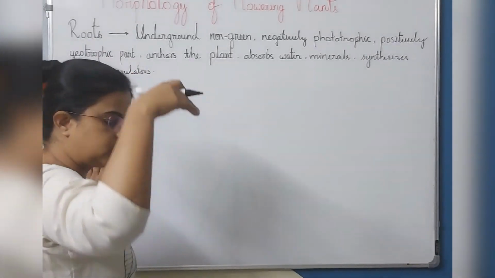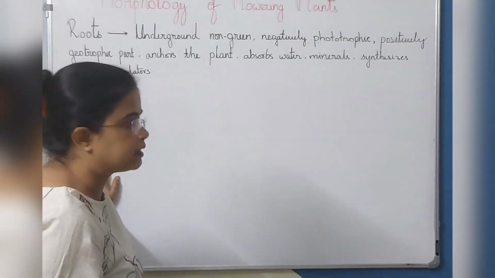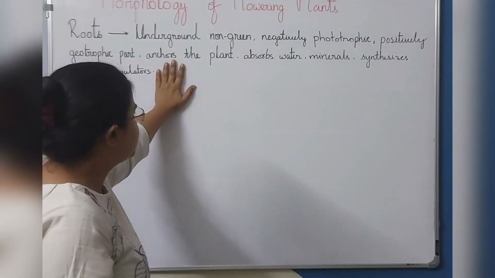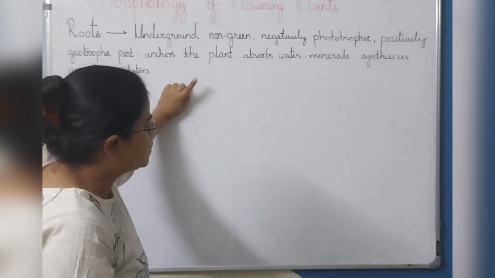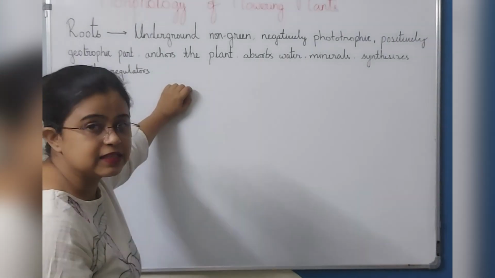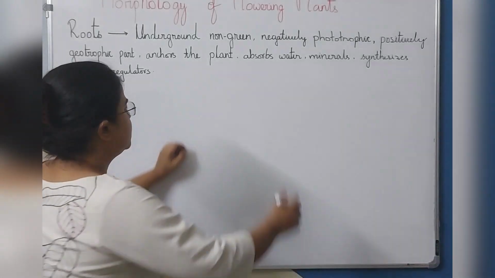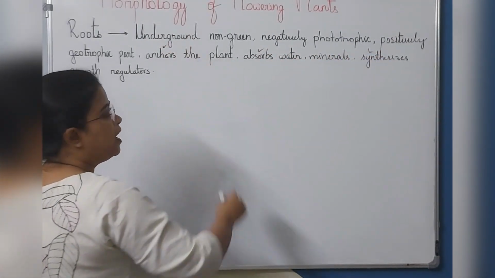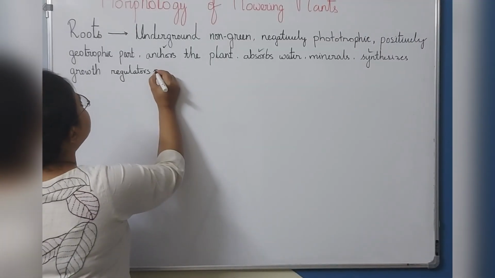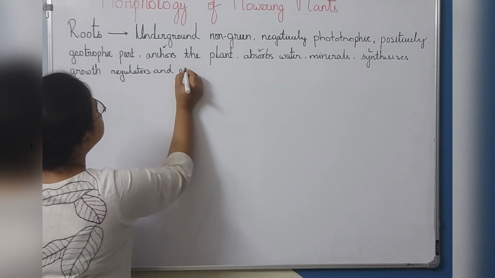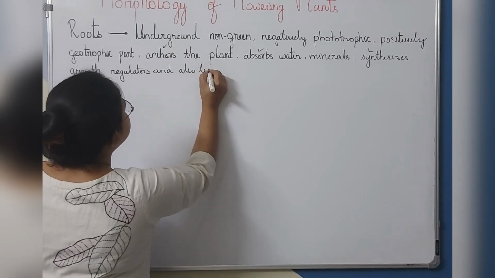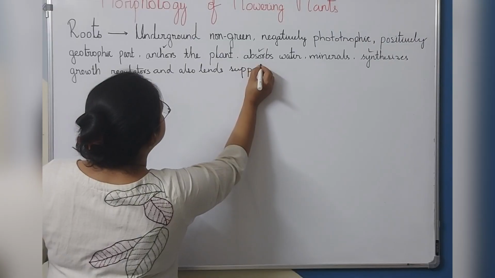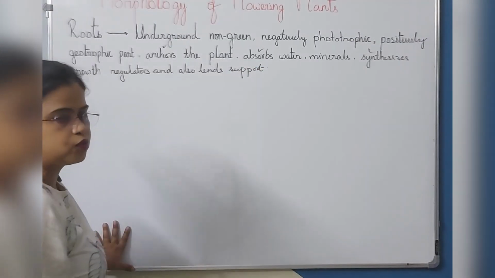Geo is the earth, so they are growing towards the earth, or they are always growing downwards, which anchors the plant, absorbs water, minerals, and synthesizes plant growth regulators, and also lends support. These are the functions of the roots.